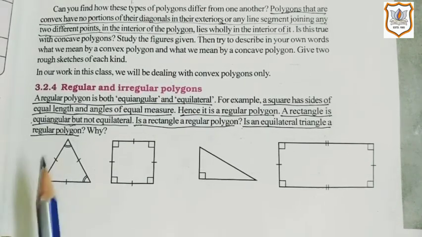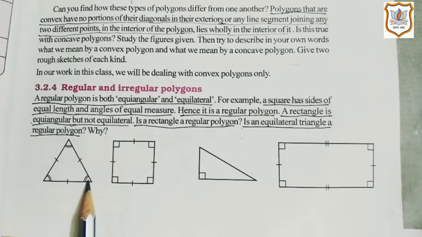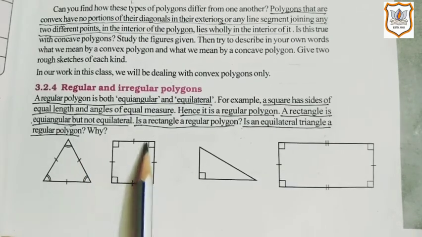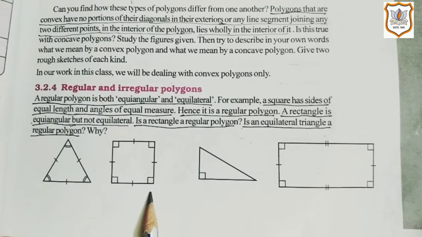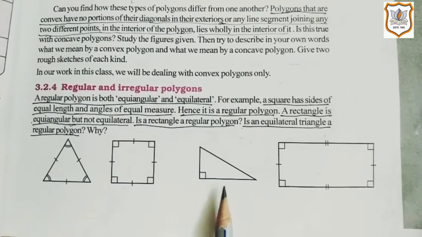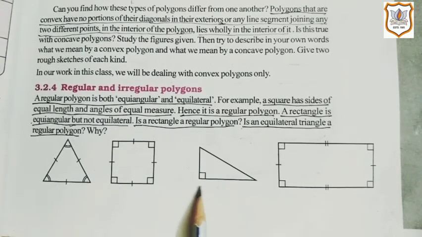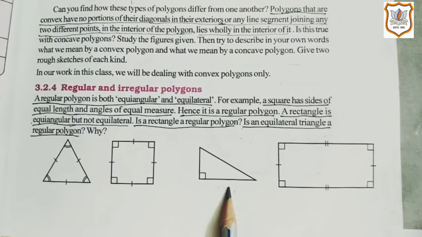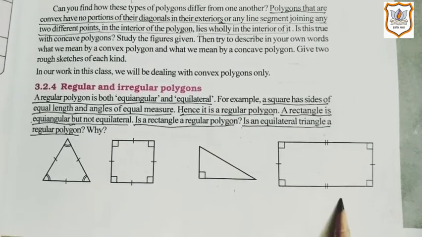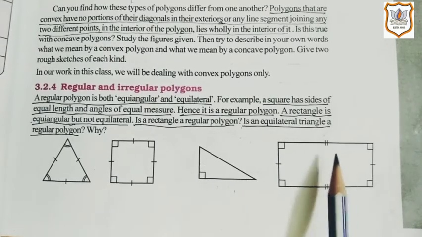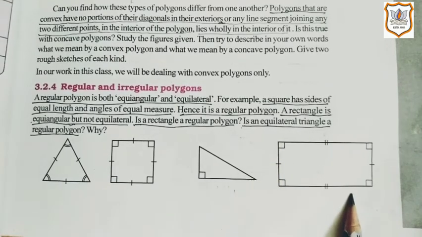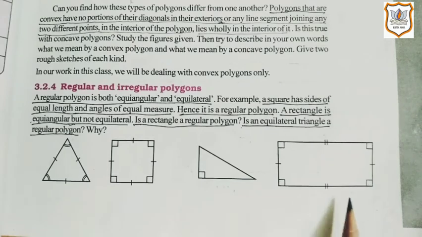Students, if a polygon has both sides and angles equal, that is a regular polygon. So this is a regular polygon, and this is a square, a regular polygon. But this is a right angle triangle, this is not a regular polygon, so this is an irregular polygon. And the same with a rectangle, all sides are not equal, so this is not a regular polygon.